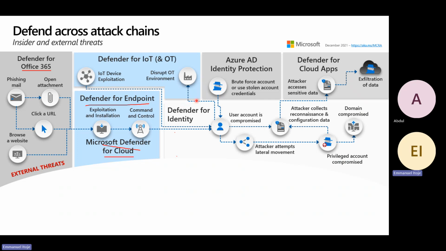Now, the Azure AD protection collectively covers the identity stages of attacks, providing detection of threats for cloud-based Azure Active Directory, which is now called Microsoft Entra ID, and for on-premises identity infrastructure, based on either the Windows Server's Active Directory, or Active Directory Federation Services, commonly known as ADFS, in which we have organizations like sister companies using federated identity.